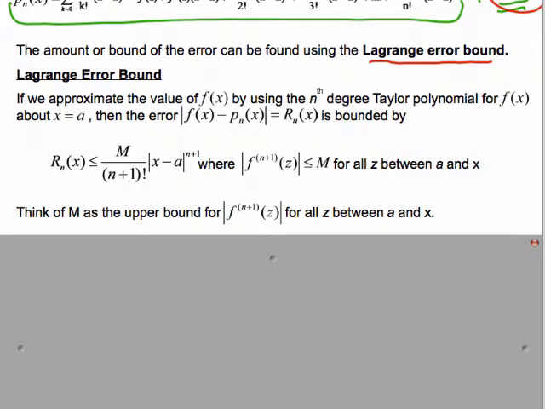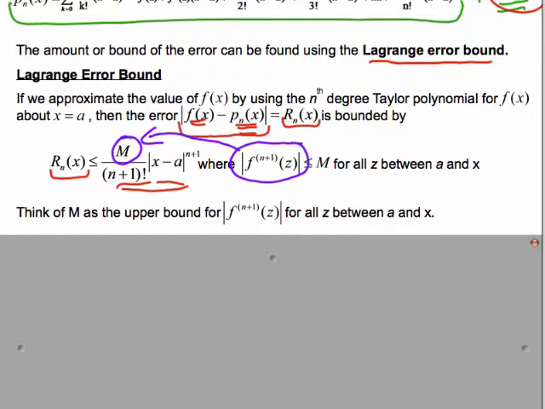The error between the actual value of f at x and our Taylor polynomial at x, the positive difference, is our remainder, our error, and our error is going to be less than this formula, which is the Lagrange error bound, where m is the largest value of this.